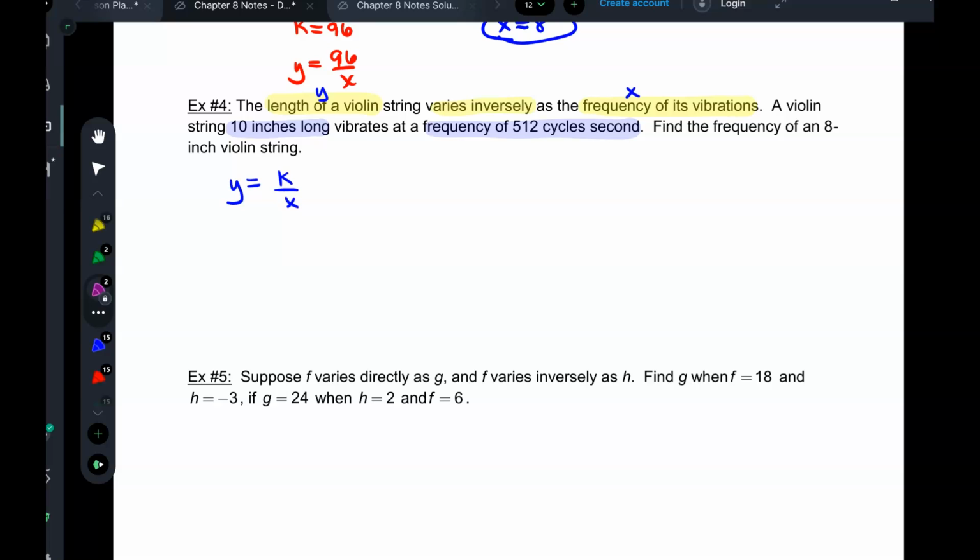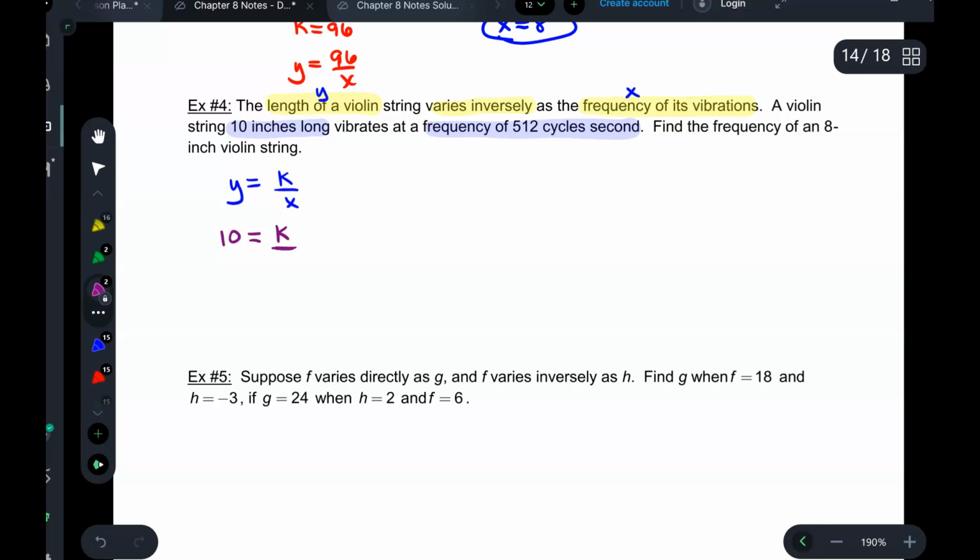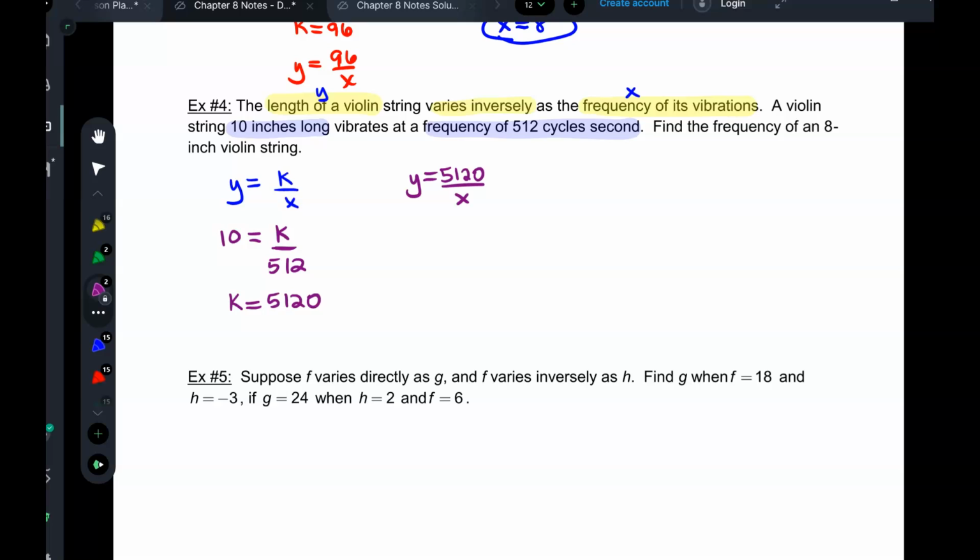That's Y. So that's going to be 10 equals K over 512, which makes K equal to 5,120. So we have Y equals 5,120 over X. That's the relationship between the length and the frequency.